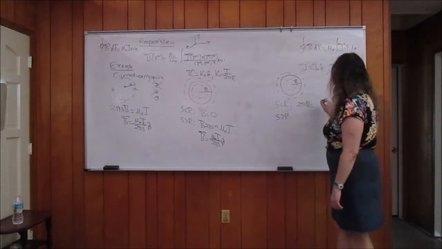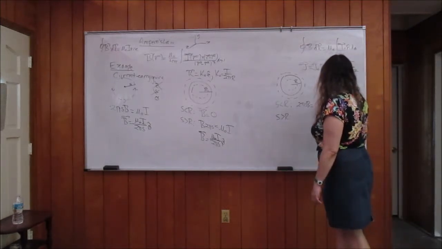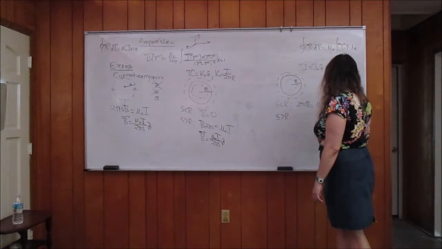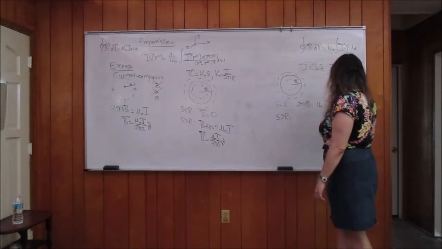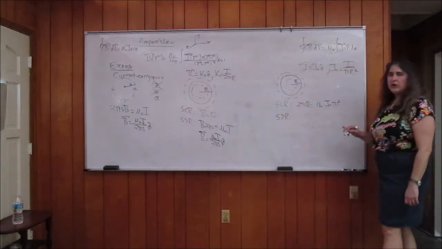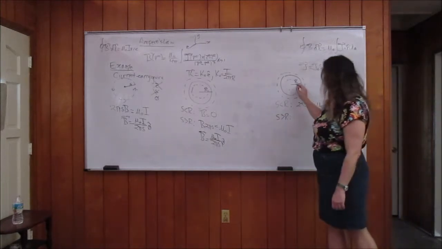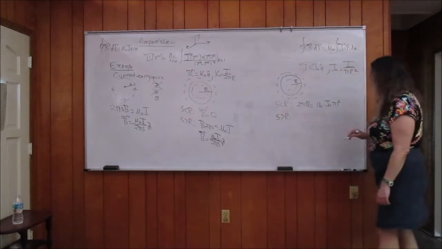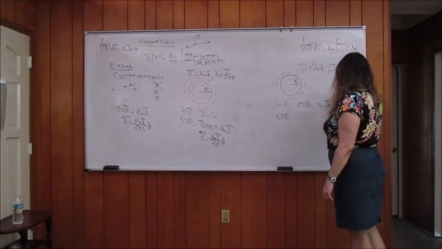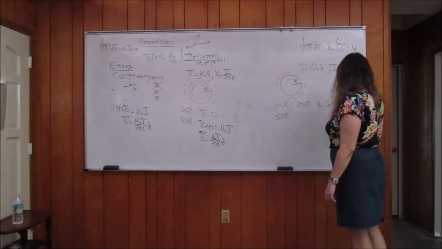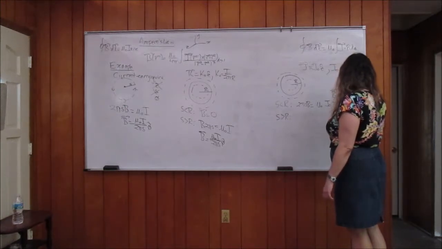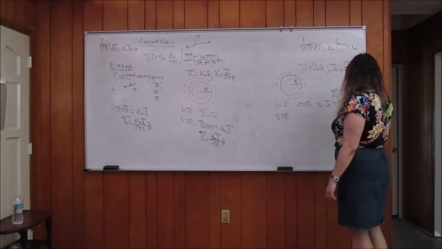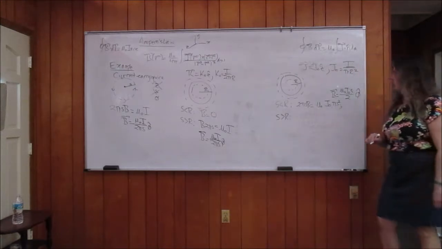So therefore we have mu naught times j naught times pi s squared, where pi s squared is the area contained within this Amperian loop. And therefore, inside B is equal to mu naught j naught s over 2, and once again in the circumferential direction.